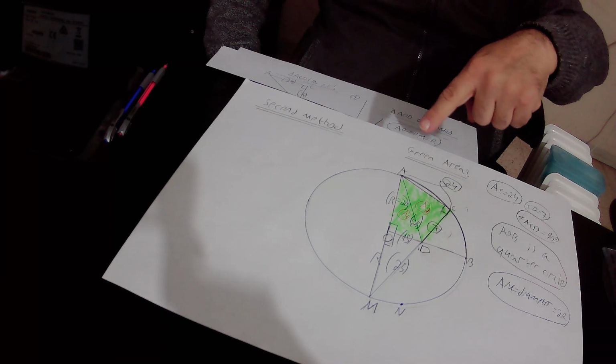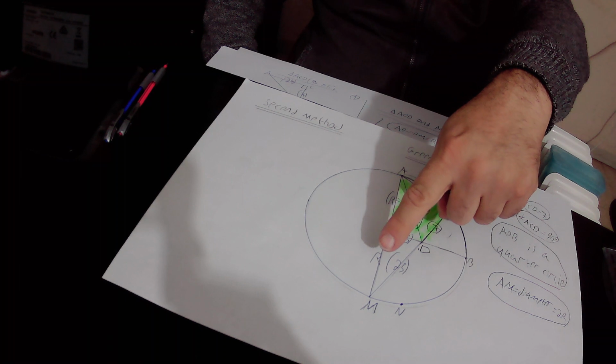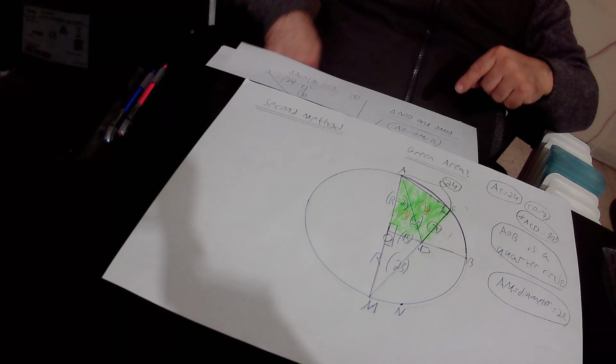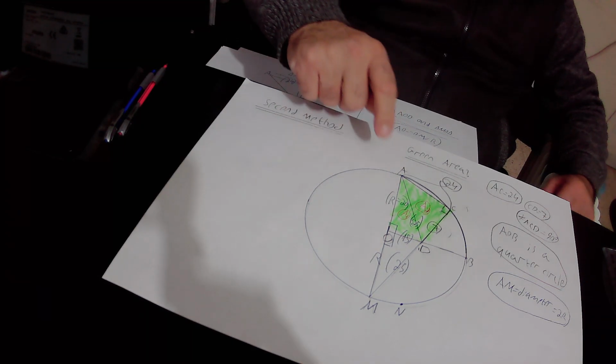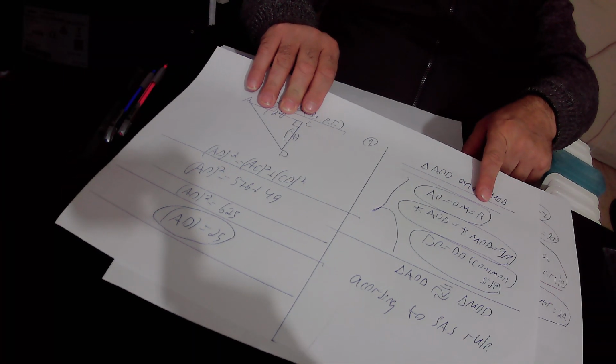Then we prove that the green right triangle ADO is congruent to the white right triangle MOD. Those two right triangles can go into each other. First of all, side AO of the green triangle equals side OM of the white triangle. AO equals OM, they are both radii of the circle, therefore they are equal to each other.